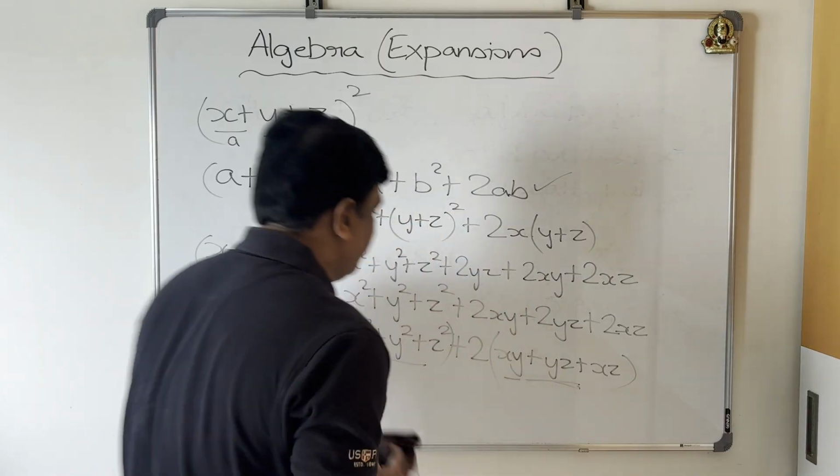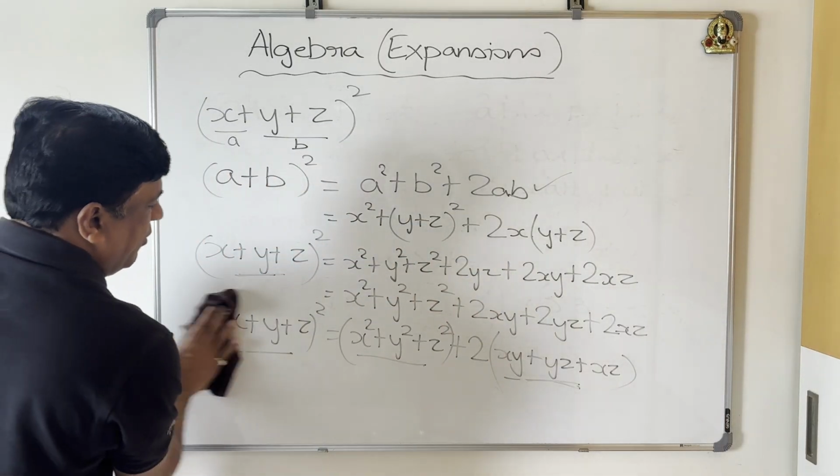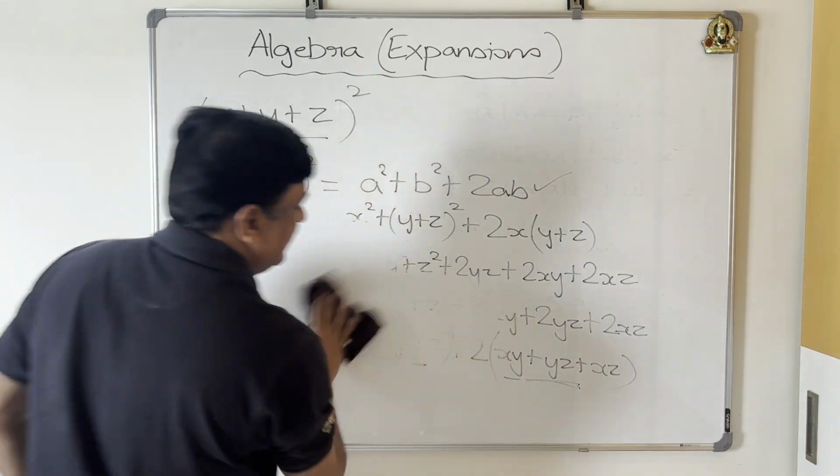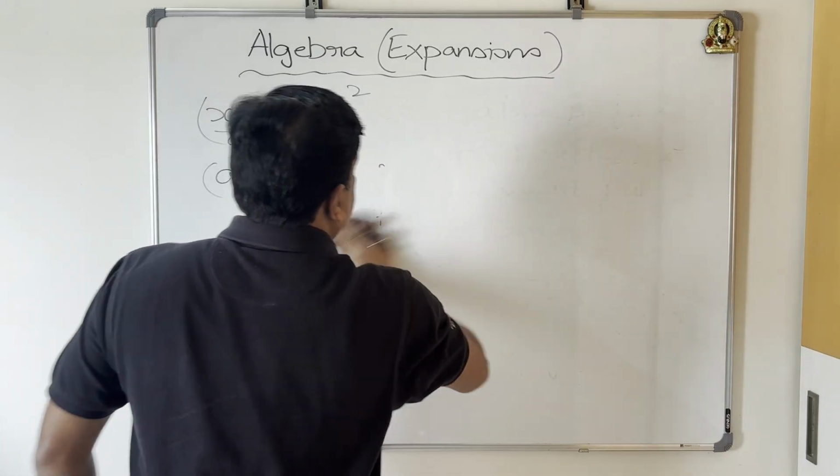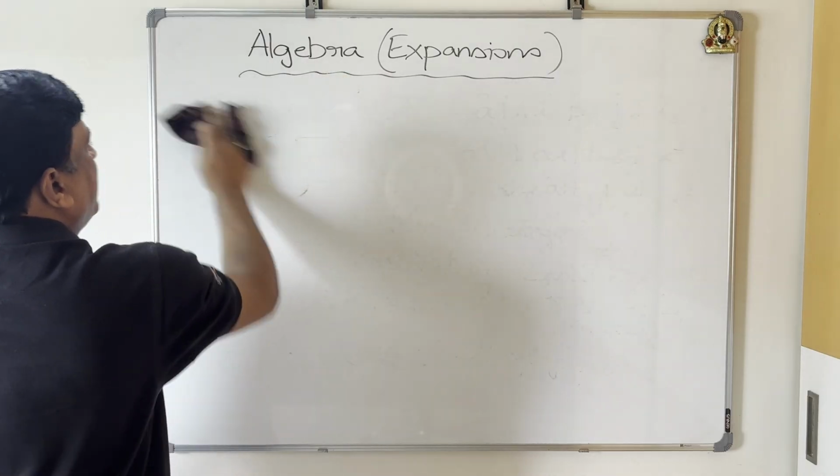Now the variation of this one, look at it. Now you know what's the formula of this. Now see how you can vary. If there are minus signs involved, how can you directly put the values instead of expanding it fully?